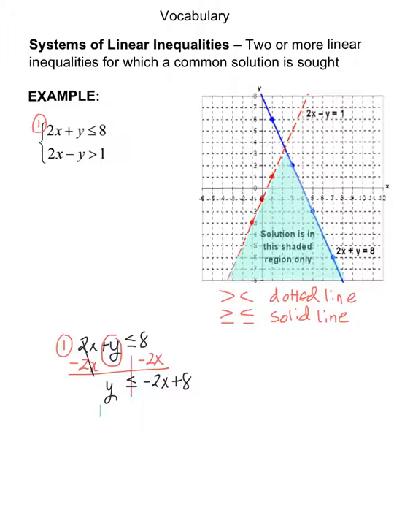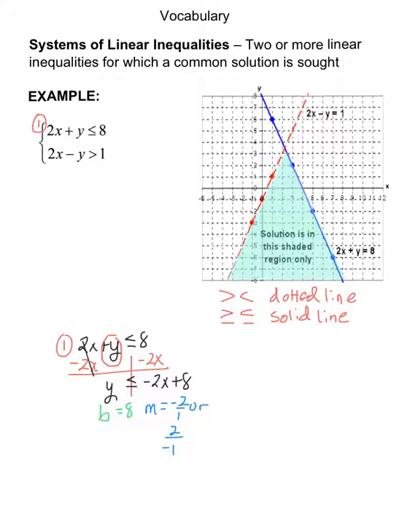So my y-intercept is 8, and my slope is -2 over 1 or 2 over -1.